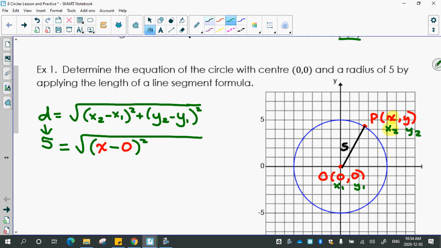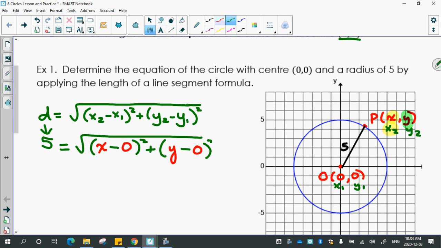Plus, what did we label to be y2? Y, good. So y2 ends up being just y. There's a minus in the formula. And y1, because it's the origin, is 0 again.